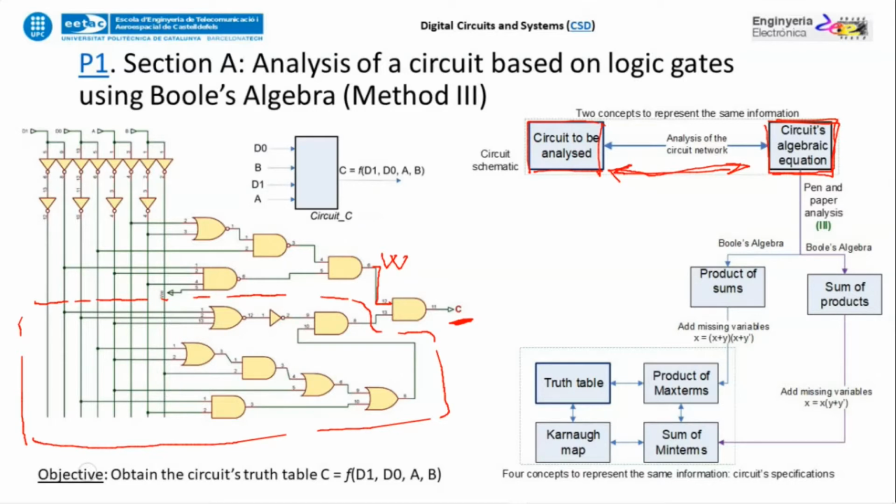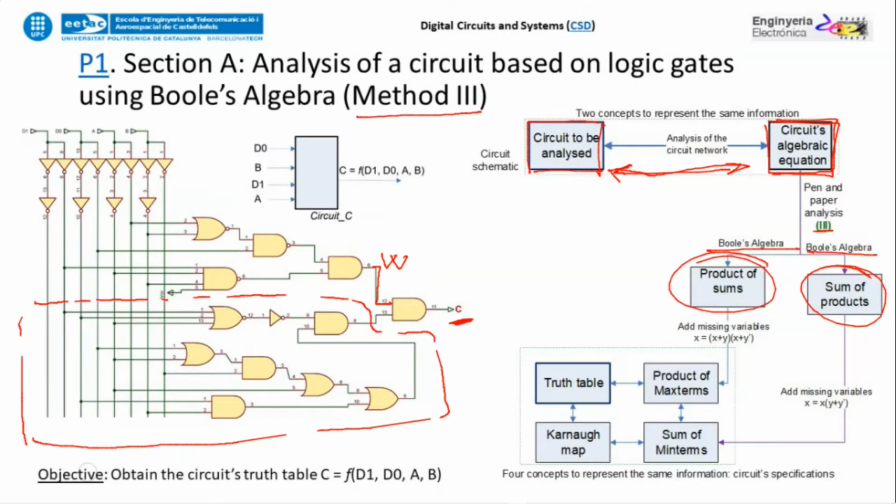So from this general algebraic equation, we will go through method 3, which consists of using pen and paper and following Boole's algebra in one way or another by means of an intermediate result consisting of a sum of products, or the other one, a product of sums.